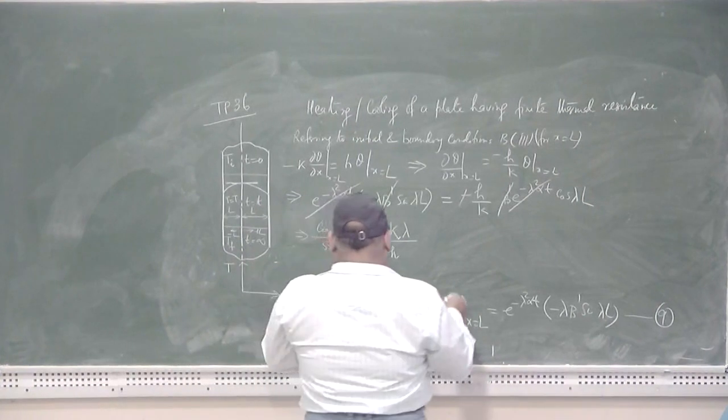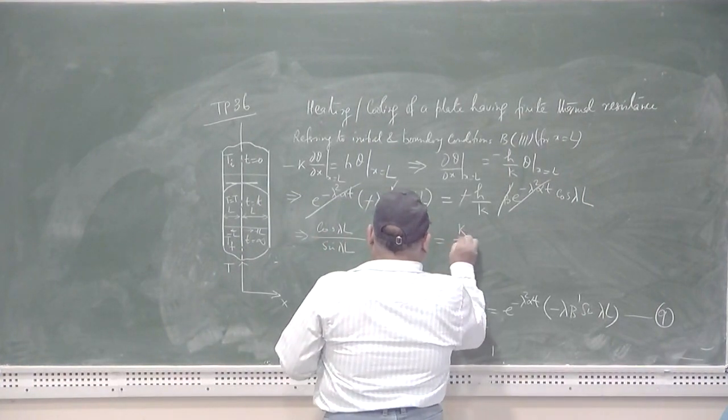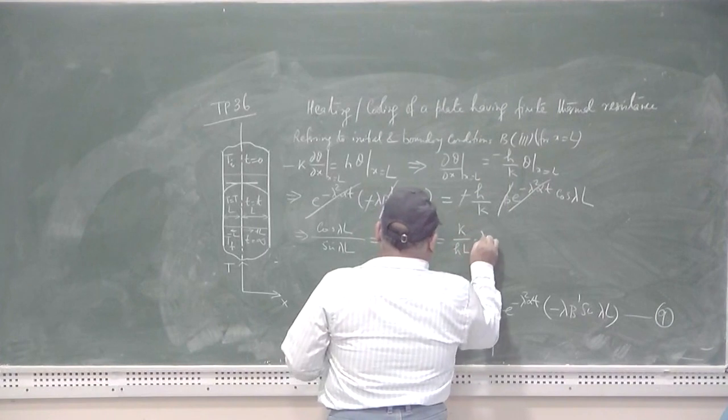That can be further written as k upon h into L into lambda L.